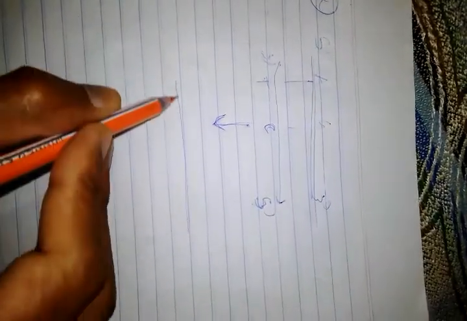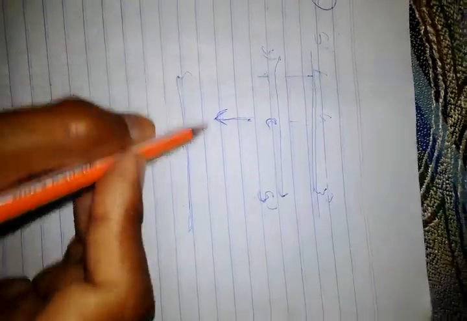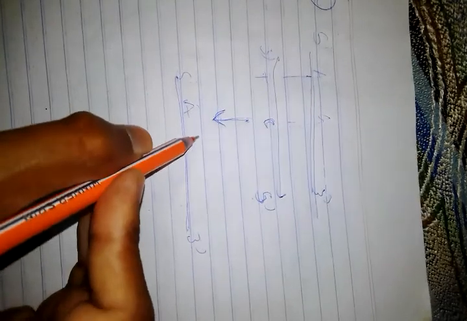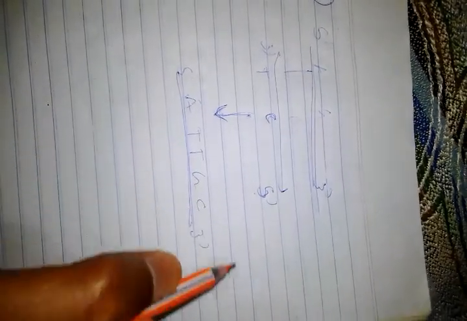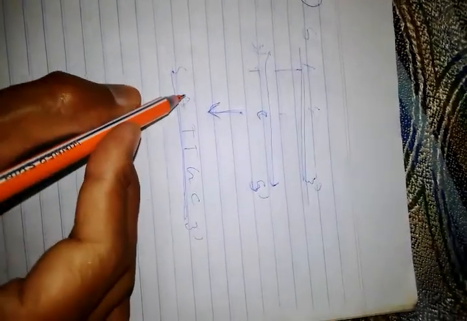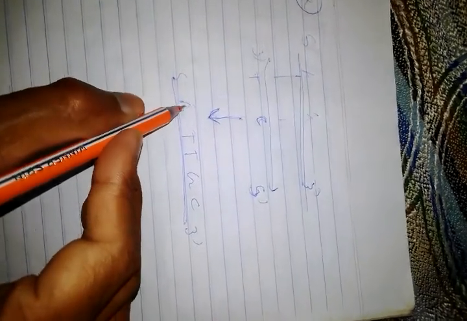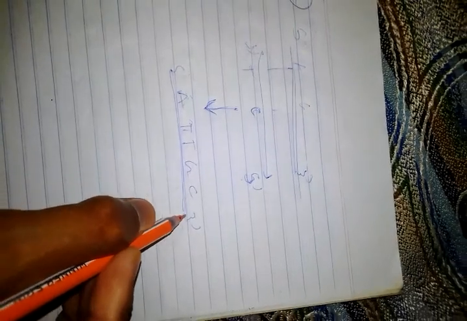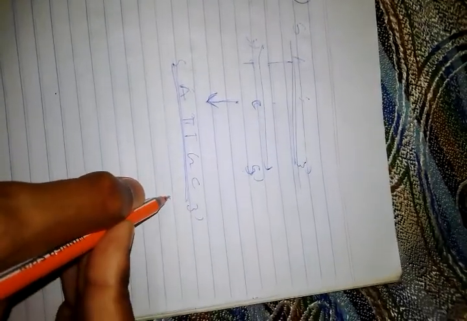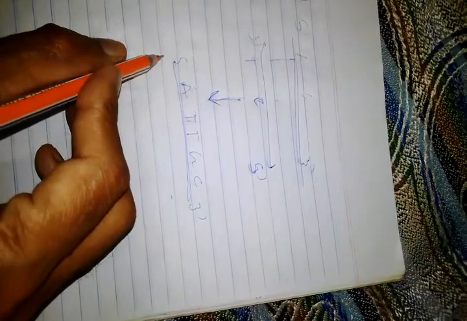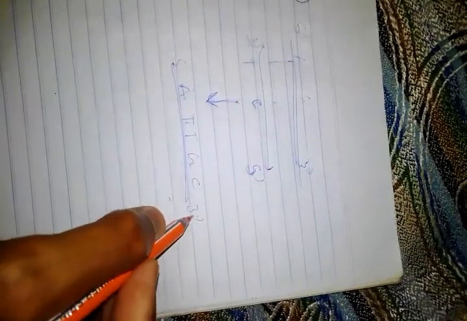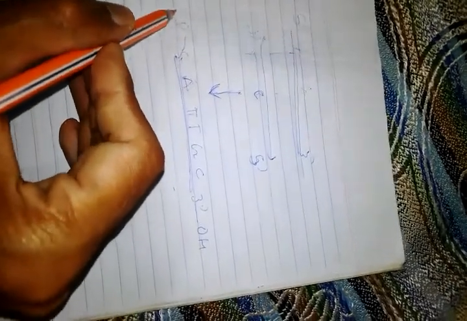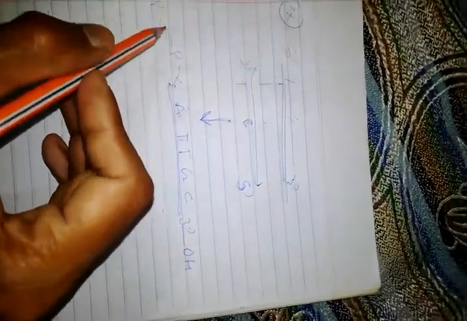If you replicate 5 prime to 3 prime with the bases A, T, T, G, C, and you want these bases to be replicated, then we move from the 3 prime direction to the 5 prime direction. 3 prime has an OH group and 5 prime has a phosphate group.